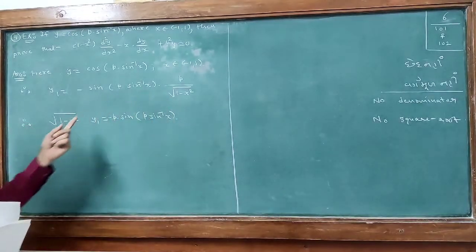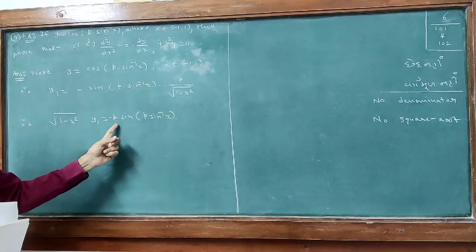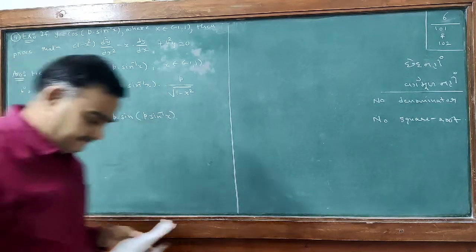Square root of 1 minus x square is here, y1 is there, minus p is here, and therefore it is minus p sin inverse x.